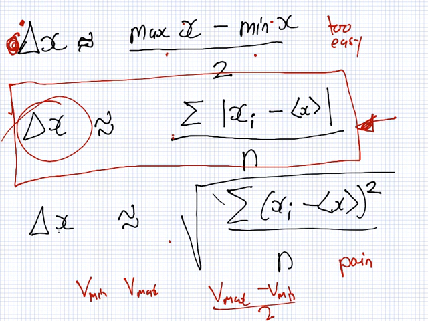Square root of 0.1 squared plus 0.1 squared, over 2. The smallest plus the biggest? The same one. That's the error. Or the average.